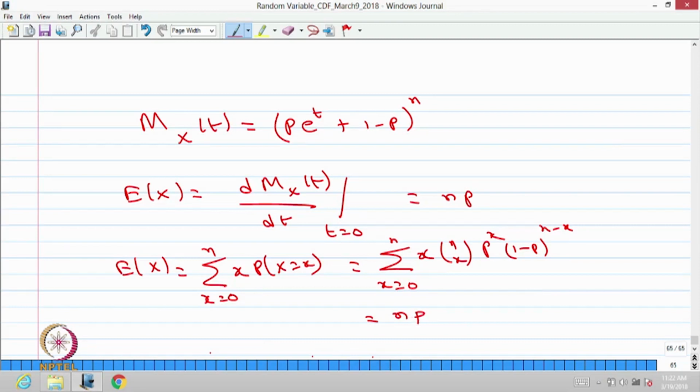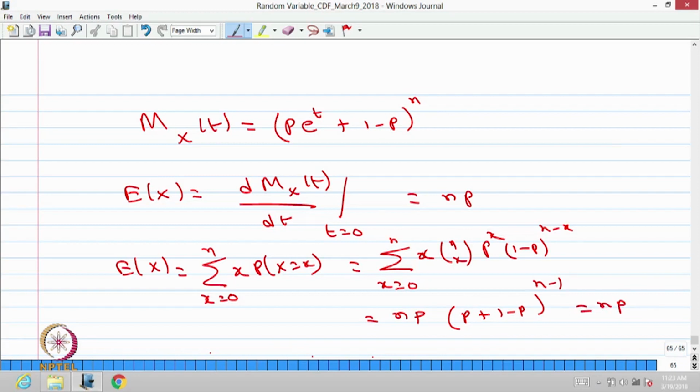Therefore, the simplified quantity becomes n minus 1 C x minus 1, p power x minus 1, and 1 minus p power n minus x. That is nothing but p plus 1 minus p, power n minus 1, and you know that value is 1, therefore this is going to be np.